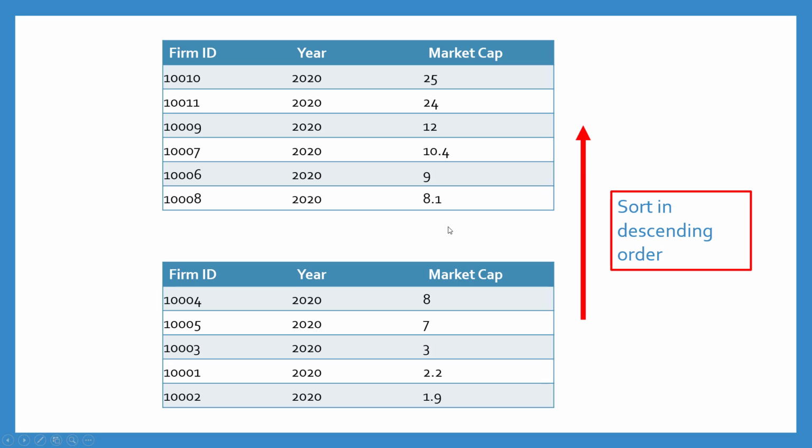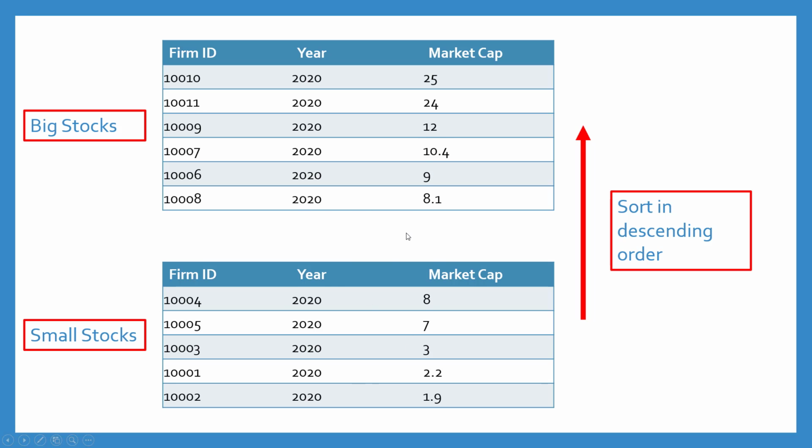What we do next is divide these stocks into two different portfolios. This specific portfolio contains the big stocks, the big firms. Let's call it the big stock portfolio. The second portfolio contains the stocks that are relatively smaller. Let's call it the small stock portfolio.